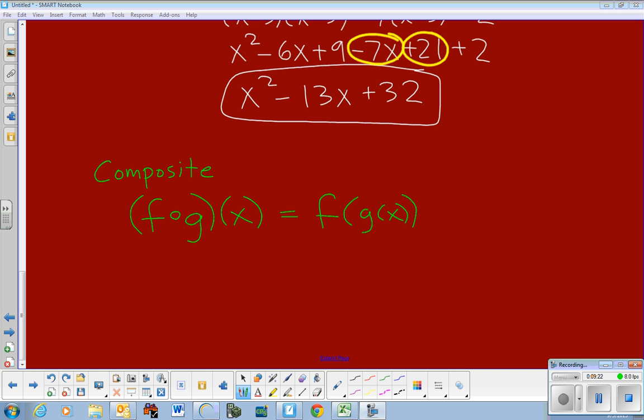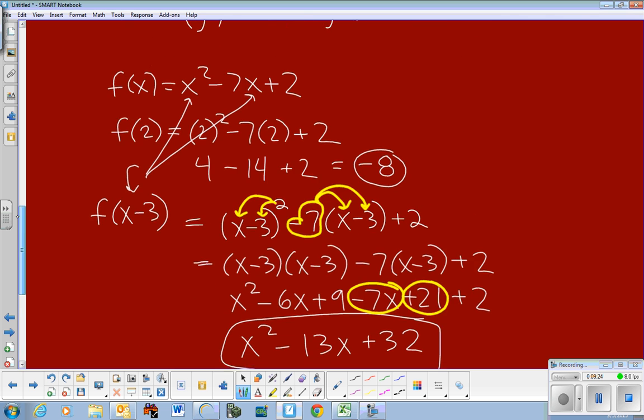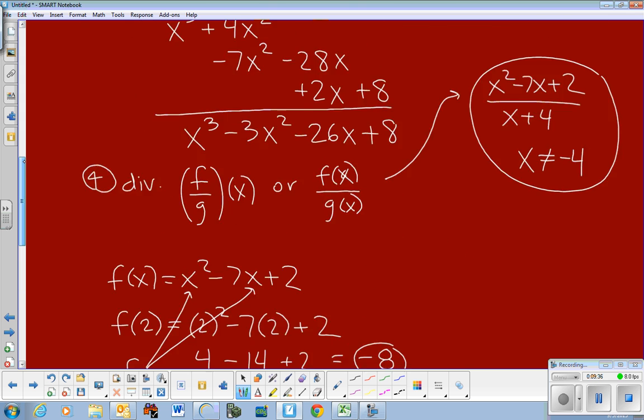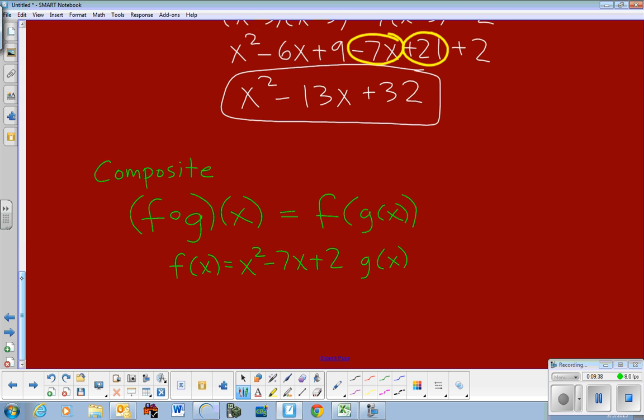Okay, so our functions were f of x equals x squared minus 7x plus 2, and you should be able to remember this by now, g of x equals x plus 4. So what does f of g of x mean?